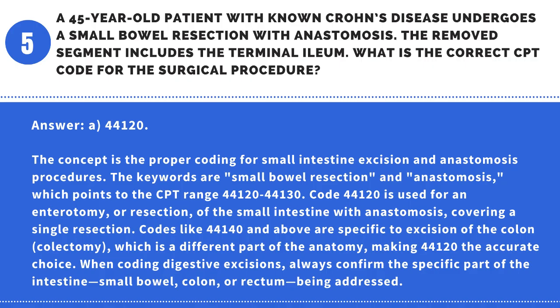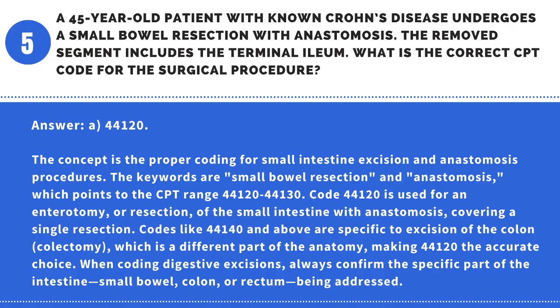44120. The concept is the proper coding for small intestine excision and anastomosis procedures. The keywords are small bowel resection and anastomosis, which points to the CPT range 44120 to 44130. Code 44120 is used for an enterectomy, or resection, of the small intestine with anastomosis, covering a single resection.